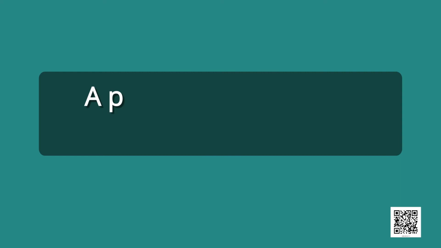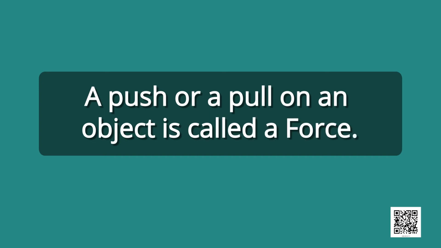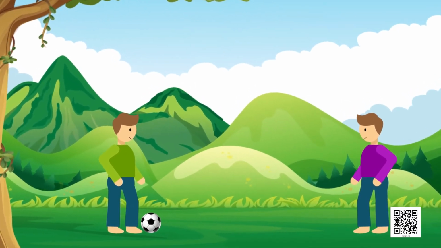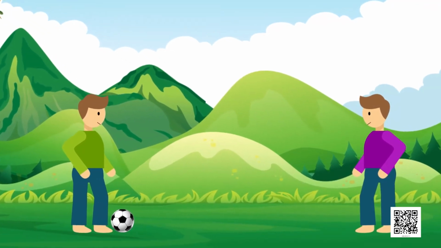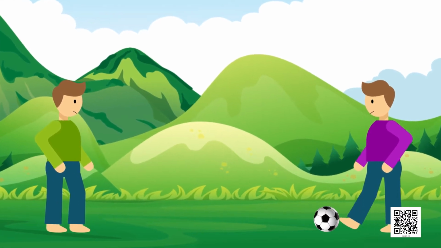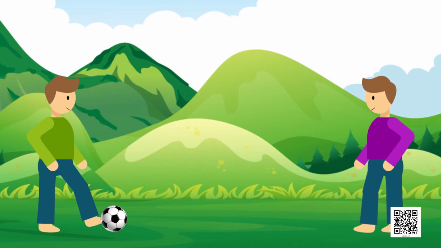In science, a push or a pull on an object is called a force. Interaction of one object with another object results in a force between the two objects. Let us think about the previous example where a player kicks the ball towards another player and the other player stops the ball.